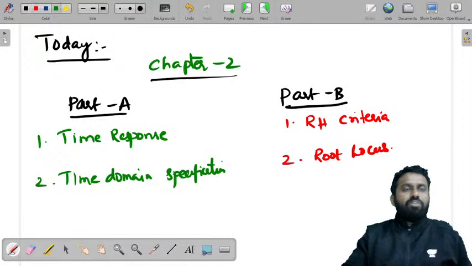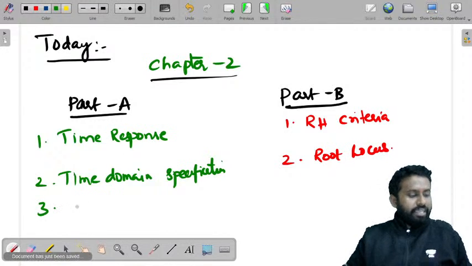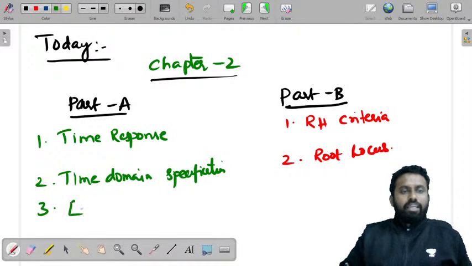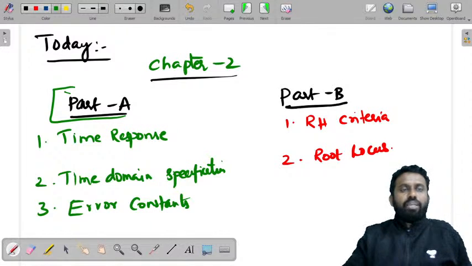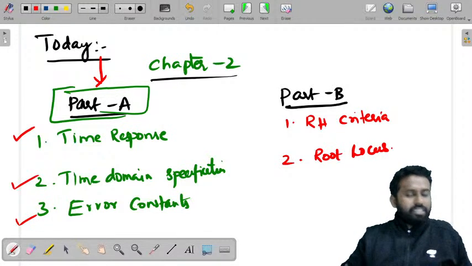Right? In Part A, you have one more topic like error constants. So let's look at these topics first. Today we'll be discussing Part A: time response, time domain specifications, error constants.